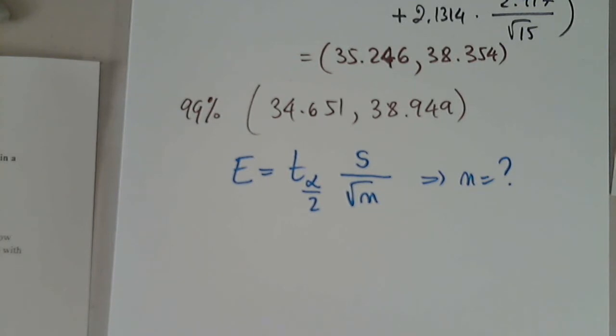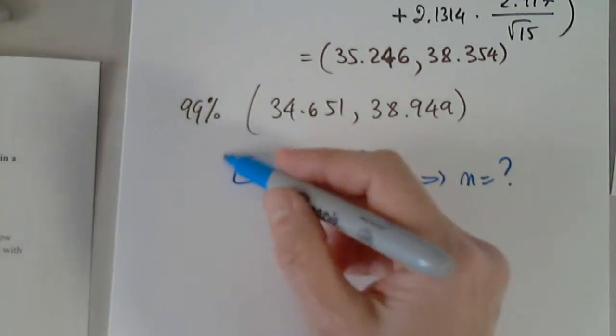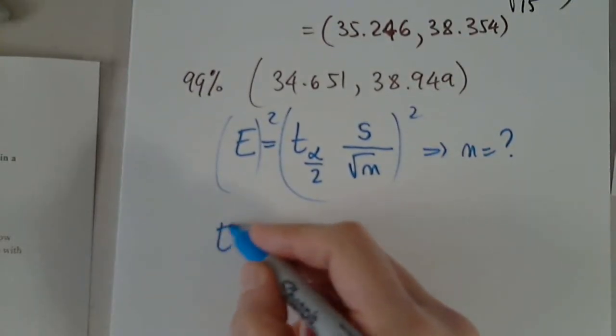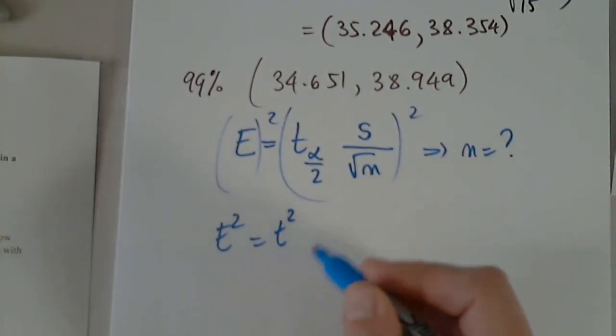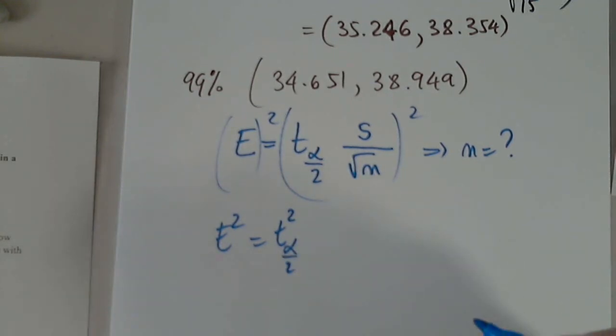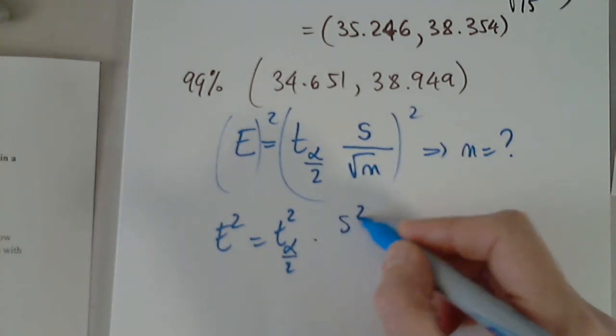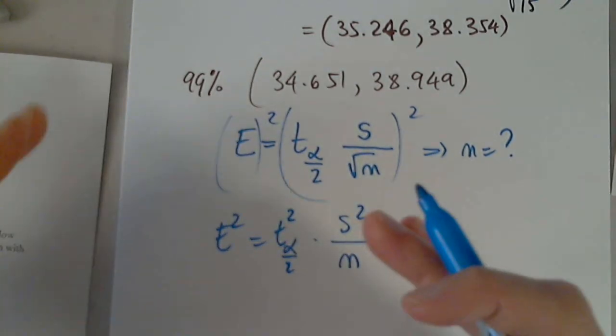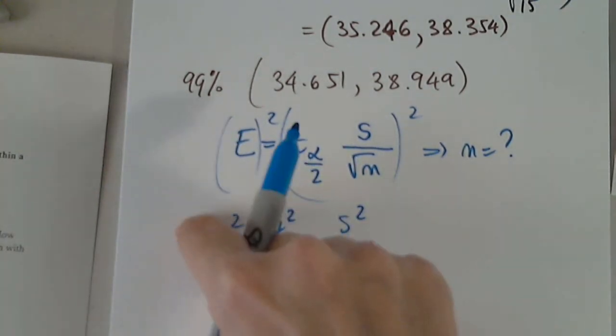Since n is under the square root, I will have to square both sides. And I have E squared equals T sub alpha over 2 squared times S squared, but when I square the square root of n, I only get n. This is a proportion, I can cross multiply. I move n here.